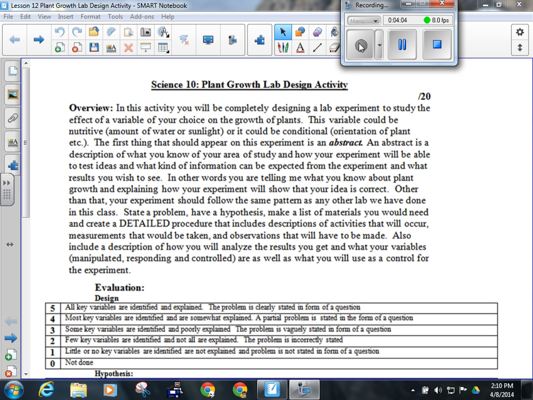So you'll be completely designing the lab experiment, and you're going to be studying the effect of a variable of your choice. Which variable will that be? By that I mean manipulated, responding, or controlled. It's going to be your manipulated variable. Whatever it is you're testing is going to be the manipulated variable in your experiment.